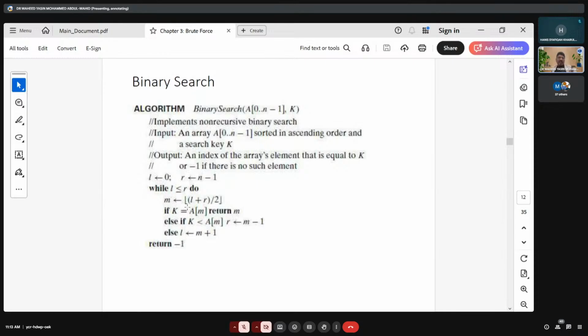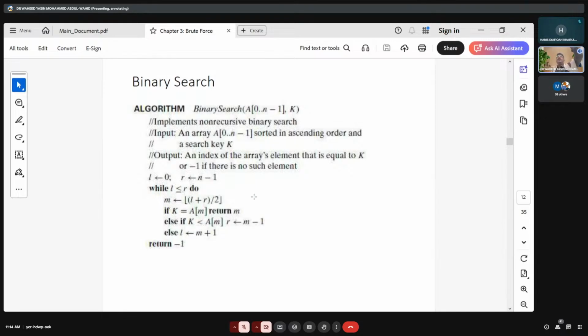So here I divide the problem. I divide the array into left and right parts, and then I compare the key with the median number, which is the middle of the array.